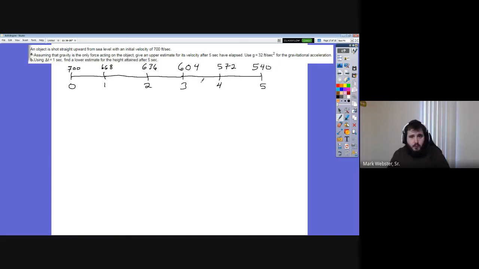So what we're going to do is use this right here. After 5 seconds have elapsed, it's not going to be perfect necessarily, but we should be expecting our answer could be that, right?